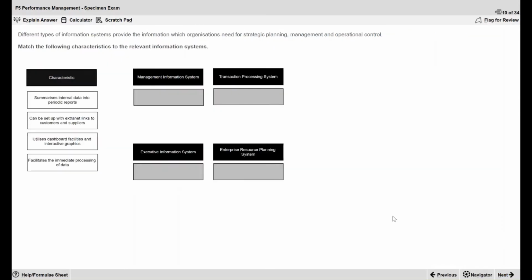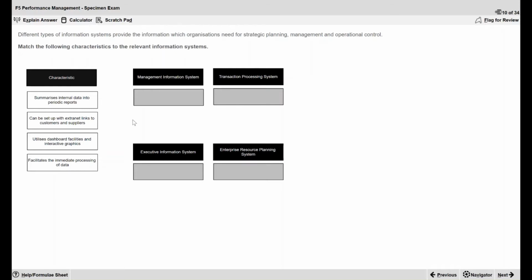Different types of information systems provide information which an organization needs for strategic planning, management, and operational control. Match the following characteristics to the relevant information systems: management information system, transaction processing system, executive information system, enterprise resource planning system.